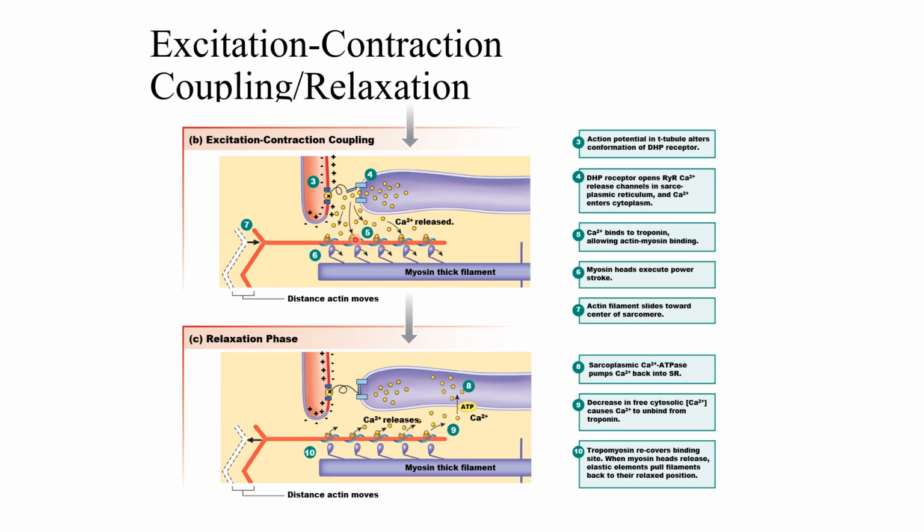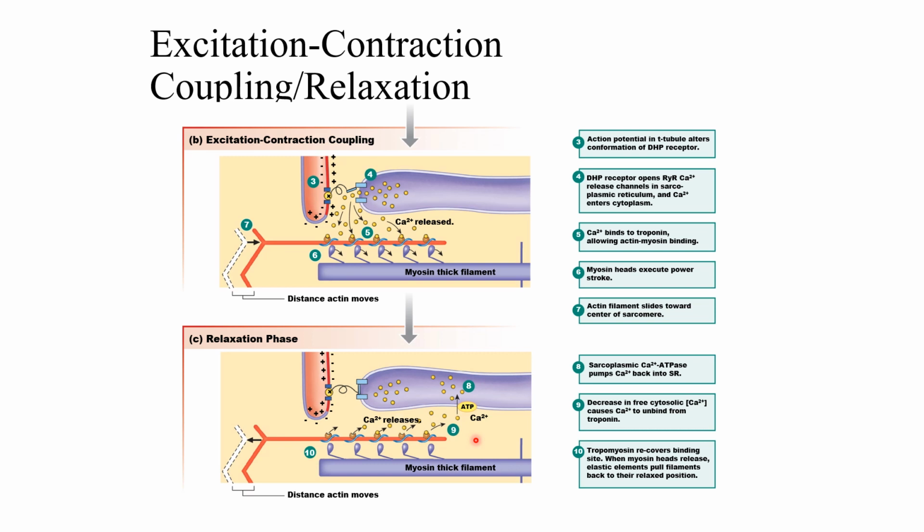We are going to talk about the details of our cross-bridge cycle in just a minute, but as long as we have calcium bound to our troponin protein on our actin, your muscles are going to start contracting, and they are going to keep contracting.